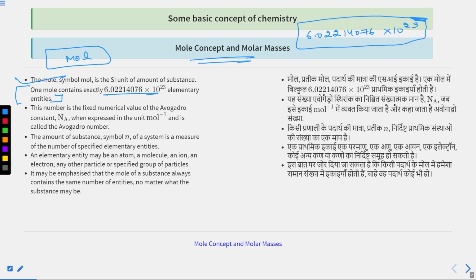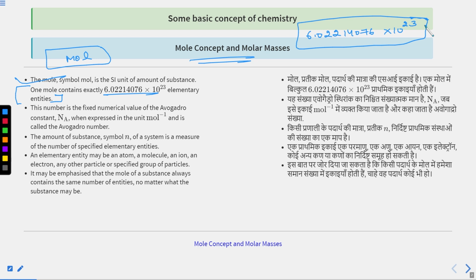This number of entities are present in one mole. Repeating one more time, one mole contains exactly 6.022140076 into 10 raised to the power 23 elementary entities. And this number is a fixed number.